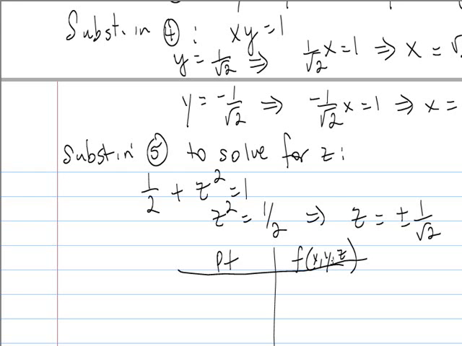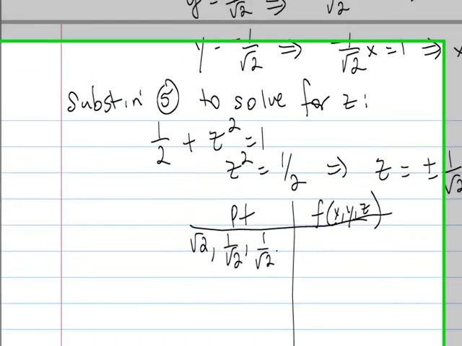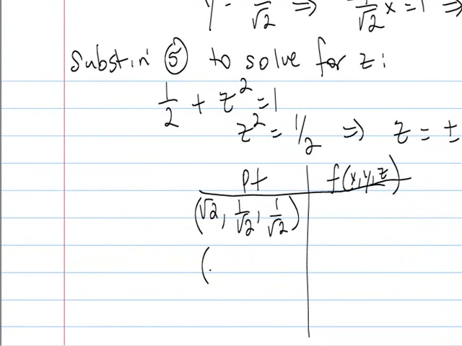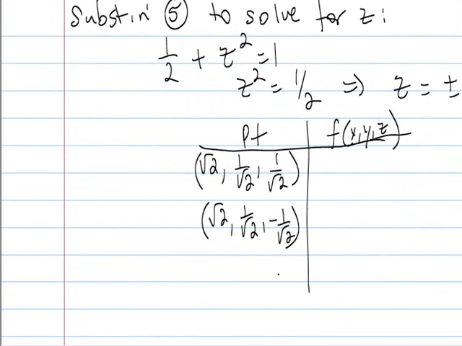Okay. So where is our x? We have square root 2. We have 1 over square root 2. And then our z is 1 over square root 2 as well as minus 1 over square root 2. You see we have 2 of them, all right? I hope you all are following me.